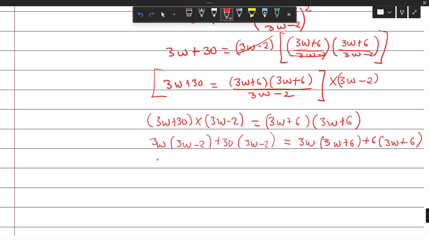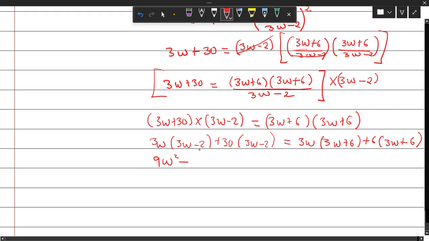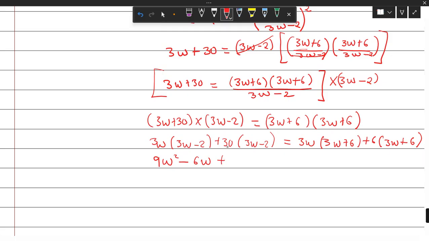3w multiplied by 3w will be 9w squared, minus 3 multiplied by 2, which is 6w, plus 30 multiplied by 3w, which would be 90w, minus, negative multiplied by positive, positive by negative, negative 30 by 2, 60.